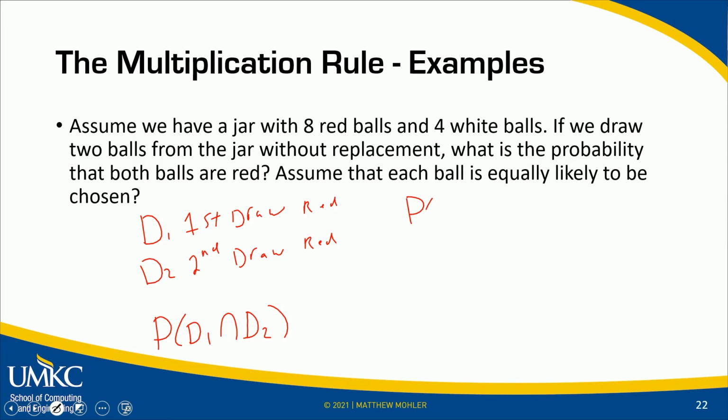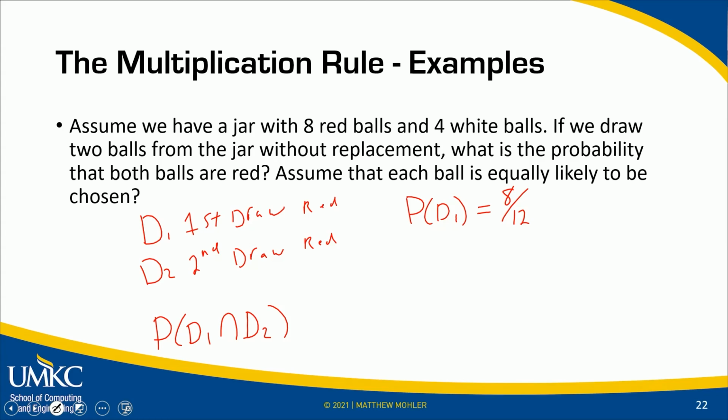The probability of D sub 1, the probability of drawing a red ball on the first draw, is just equal to the number of red balls, 8, over the number of total balls, which is 12. So 8 twelfths.